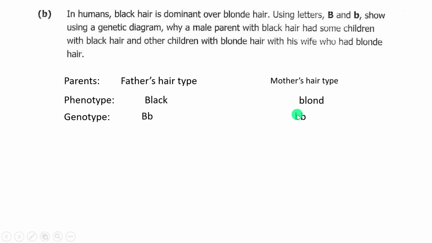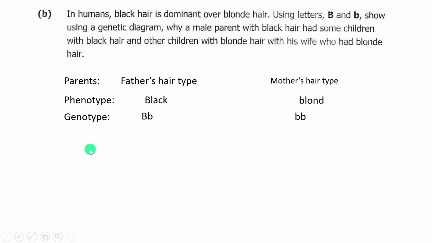So bb is the genetic makeup of the mother for her to have blonde hair, because if the combination is b and capital B, then it will be black. So for the father to have children with blonde hair and black hair, the father's combination was also capital B and small letter b. Capital B was dominant.